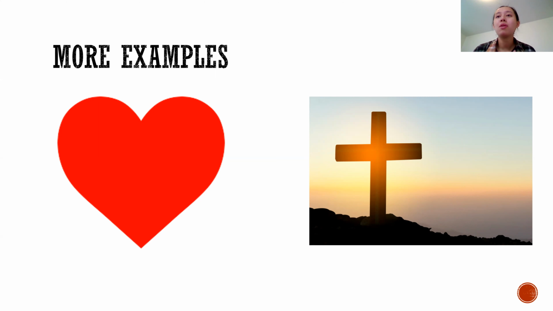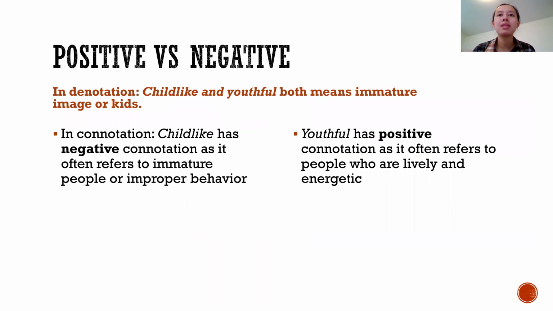Now, as we mentioned earlier, connotations can be positive or negative. How does it work, or how does it feel if it's positive or negative? Let's look at some examples here. For example, the words childlike and youthful both mean an immature image, like kids or teenagers. But childlike has a negative connotation.